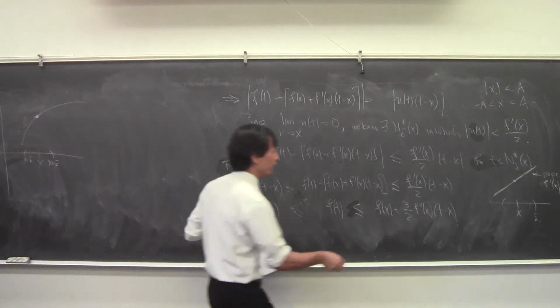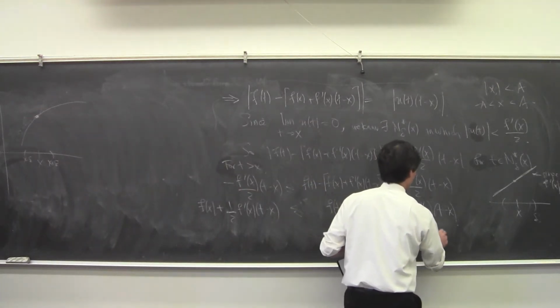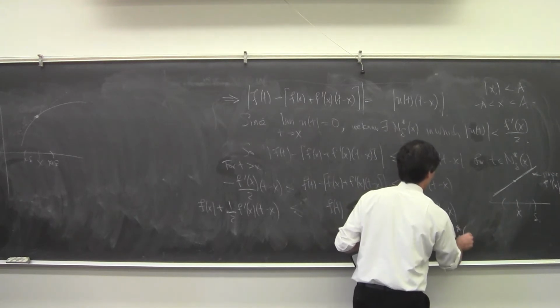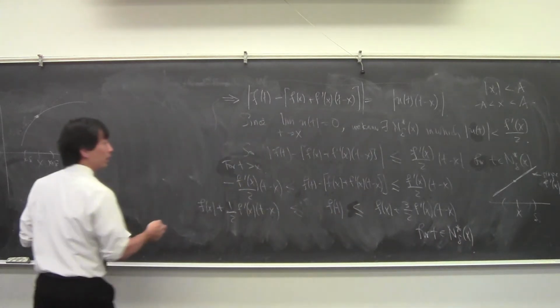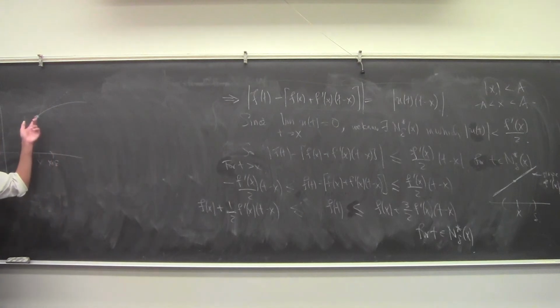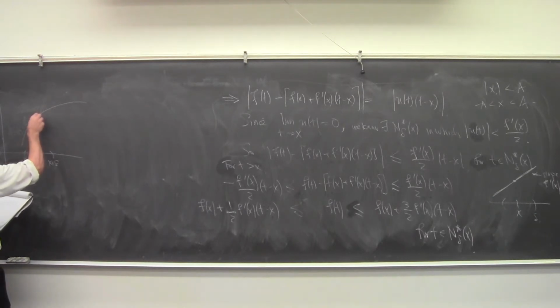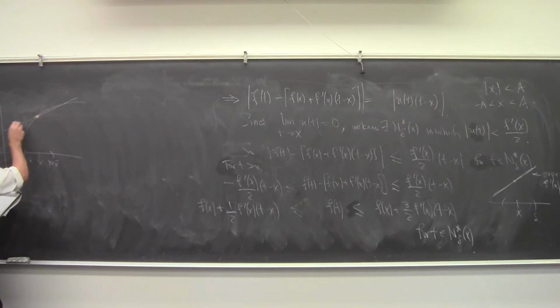So this is right for t in that neighborhood, right? Your function is trapped between 2 lines, one of which has 1/2 of the slope of your tangent line, and one of which has 3/2 of the slope of your tangent line.